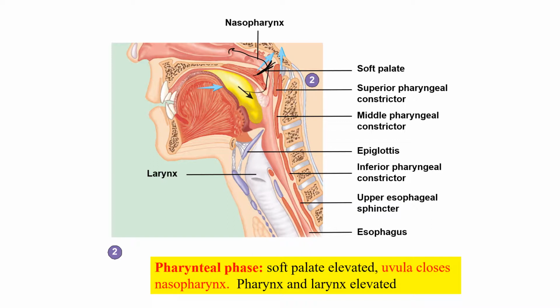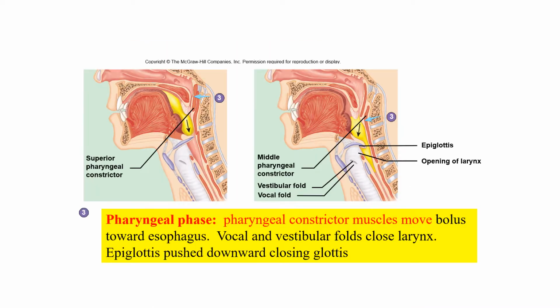The pharynx is elevated and the pharyngeal constrictor muscles will begin to move the food from the pharynx onto the esophagus. So during the pharyngeal phase, the uvula has closed the passage into the nasal cavity, and the epiglottis will also close, preventing passage of the bolus of food into the respiratory conduits.